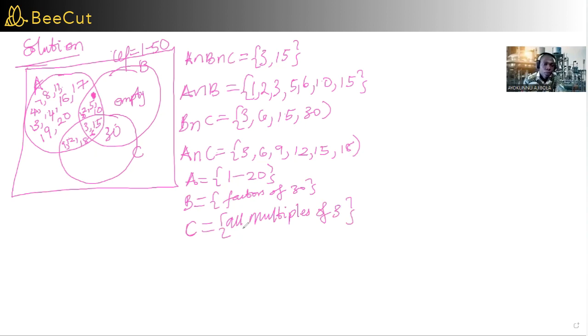So all multiples of 3, as we mentioned, are 3, 6, 9, 12, 15, 18, then remaining 1.